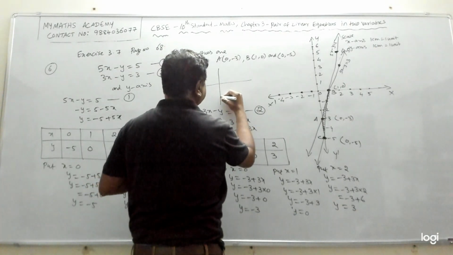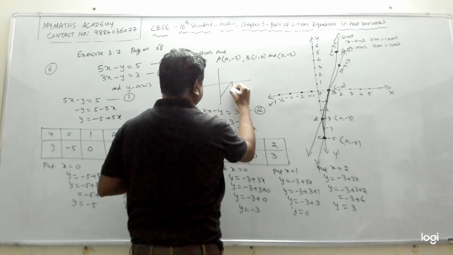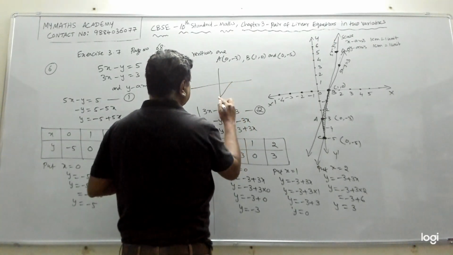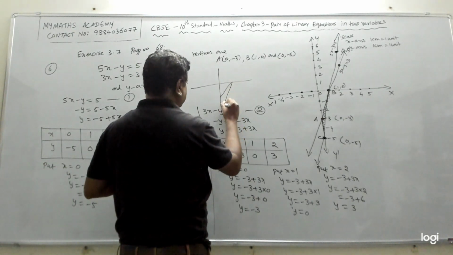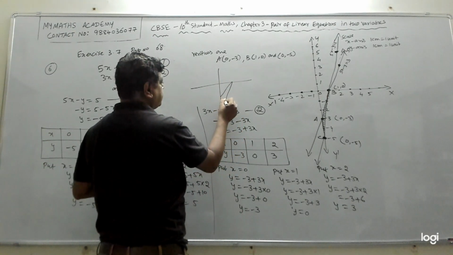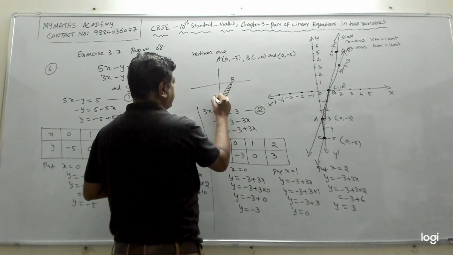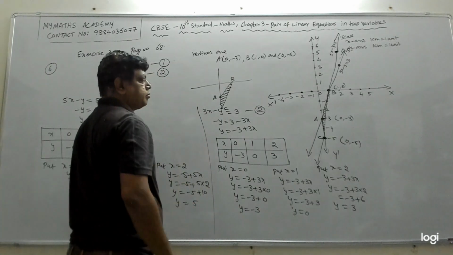One line will go like this, the other will come like this. It won't touch here. So you'll get a triangle like this. This is my B, this is your A, this is your C. Clear?